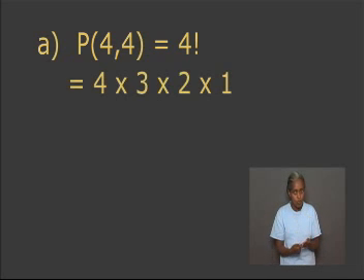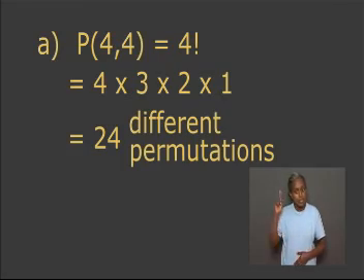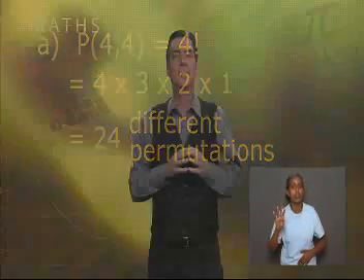Therefore, the 4 letters A, B, C, and D can be arranged in the permutation that is equal to 4 times 3 times 2 times 1. This equals 24. Now question B.